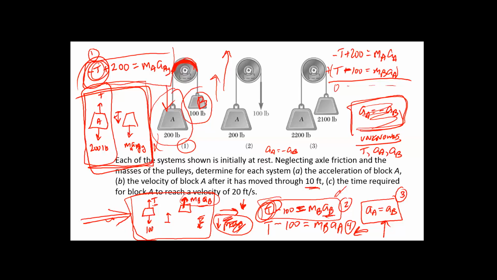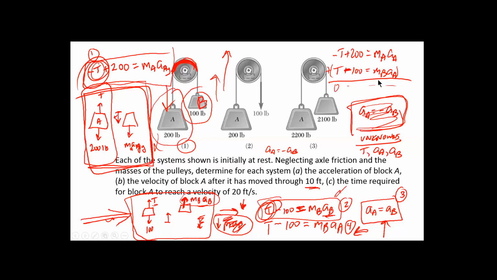Since there are two bodies, you end up with one equation up here, my equation number one, and one equation down here, number two. I also noticed in how I drew it that acceleration is going up on this one and down on that one, so if those two are the same, then I end up with two equations and two unknowns.